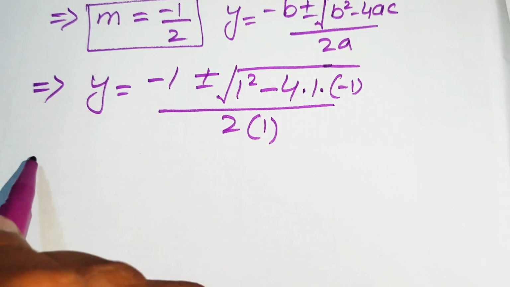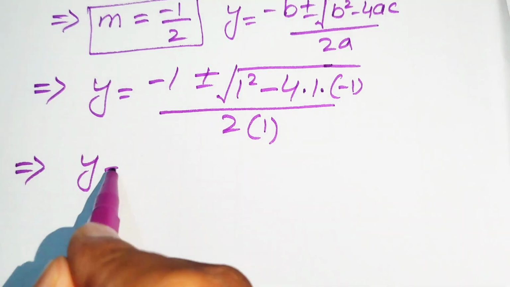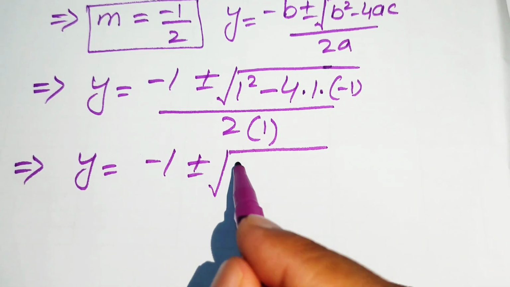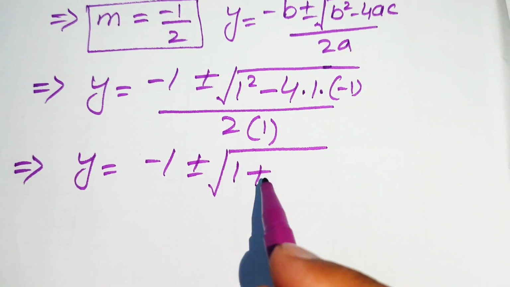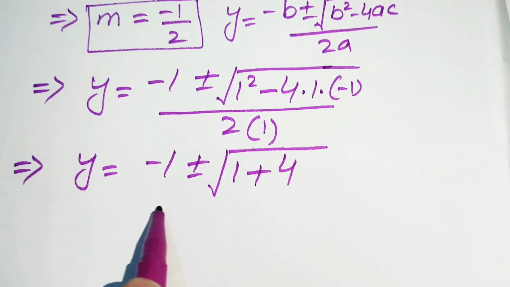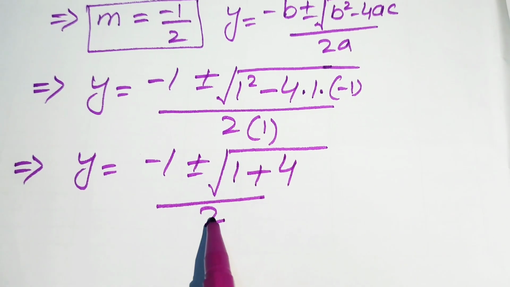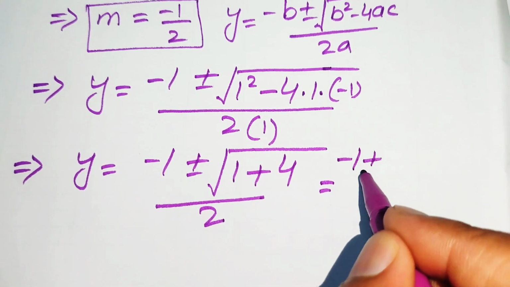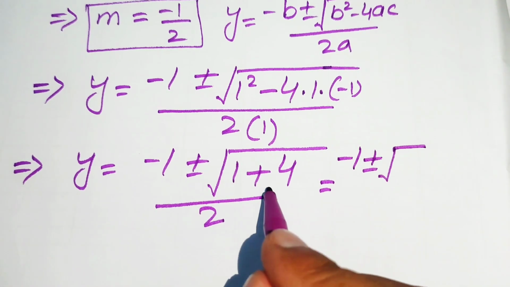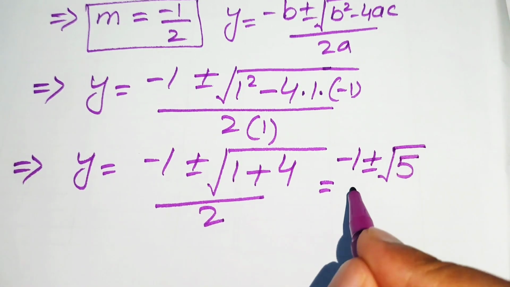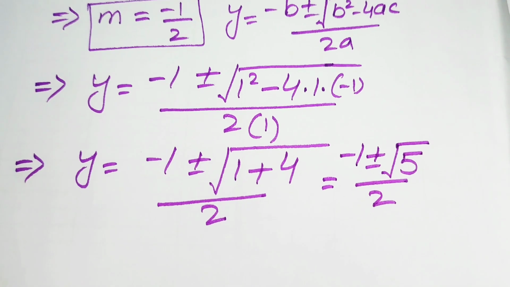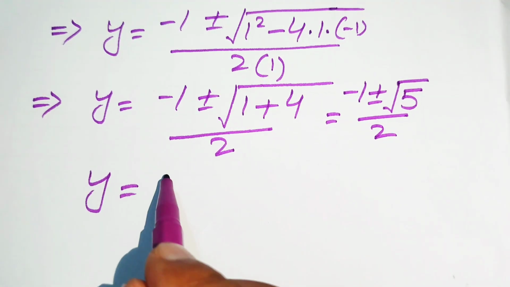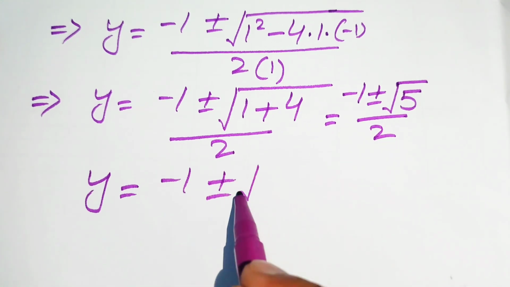And now in the next step, here we have y equals minus 1 plus minus square root of 1 square, which is 1, and minus times minus becomes plus 4, divided by 2 times 1. So here we have minus 1 plus minus square root of 1 plus 4 is 5, divided by 2.